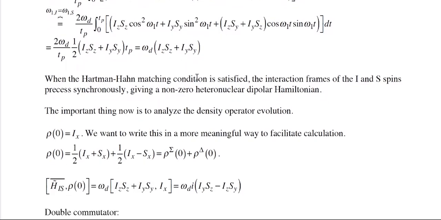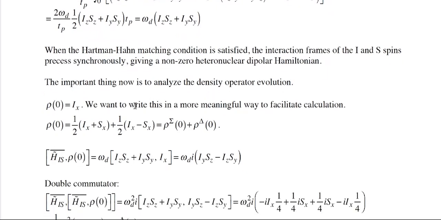So first, this average Hamiltonian is non-zero, which is great. And now I actually need to use a little bit more of the average Hamiltonian theory because I need to push the density operator forward.